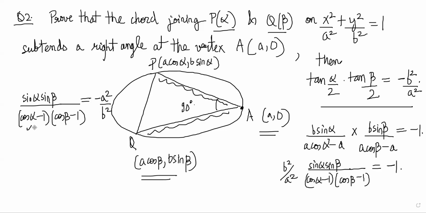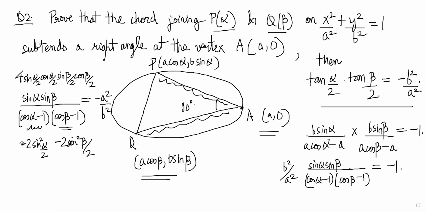And now simplify this. Cos alpha minus 1 can be written as minus 2 sine square alpha by 2. And this can be written as minus 2 sine square beta by 2. And the top part can be written as 4 sine alpha by 2 cos alpha by 2 sine beta by 2 cos beta by 2. So 4 will get cancelled.